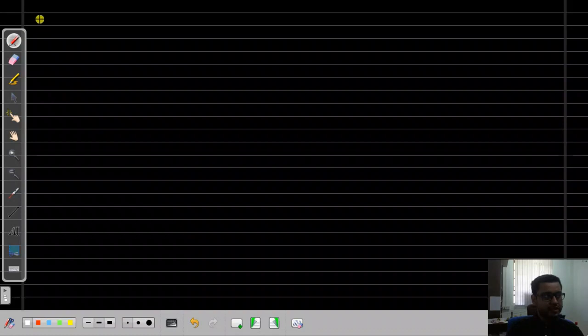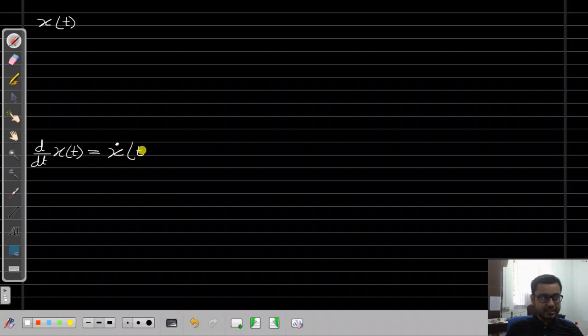Suppose I have a signal x of t, then the time derivative of this signal is written as d/dt of x of t. Now we shall use a shorthand of this notation, which is x dot t.